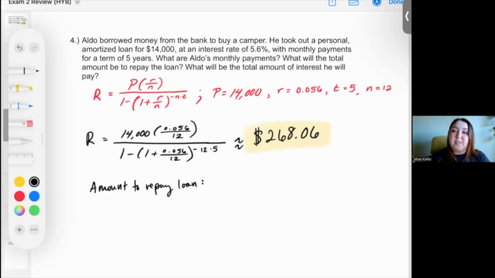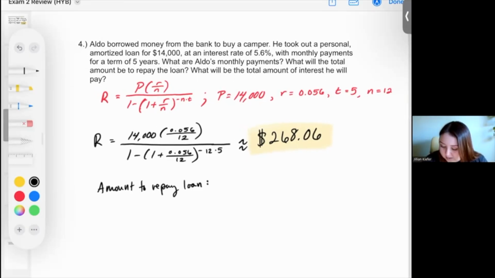We're paying $268.06 every month, and that's for 5 years. So we can find how much money in total that we're actually paying. So we take our monthly payment, $268.06, and then we're going to multiply that by the number of months in a year.